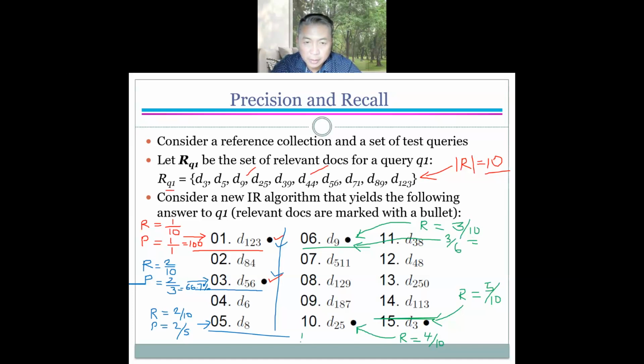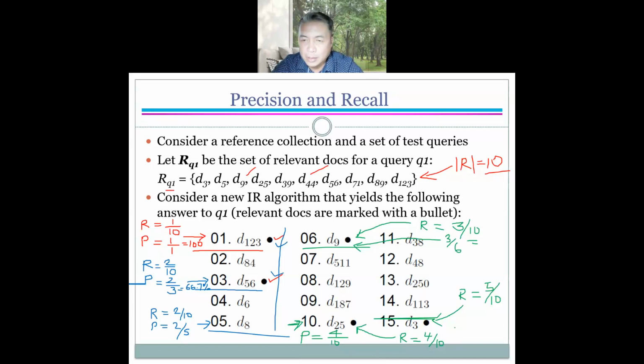Okay, what is our position here? We are looking at the number of documents here and how many of them are relevant. So 4, because we have 4 relevant documents out of 10 documents which are retrieved at this point.